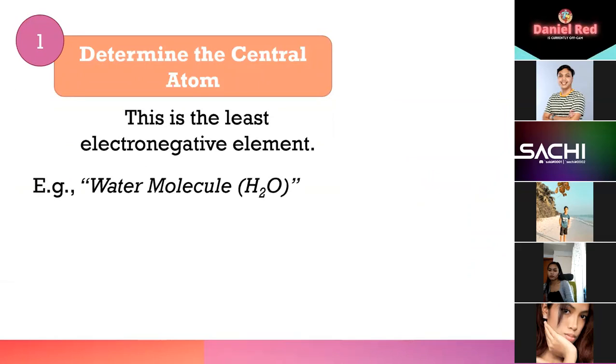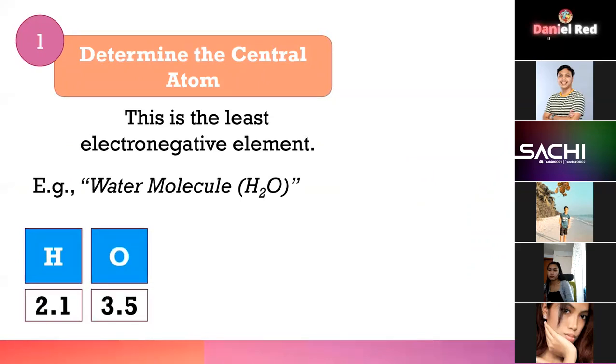Once again, we need to identify the EN value of the elements present. For this particular molecule, it has two elements, hydrogen and of course oxygen. Hydrogen has an electronegativity of 2.1 and oxygen has an electronegativity of 3.5.